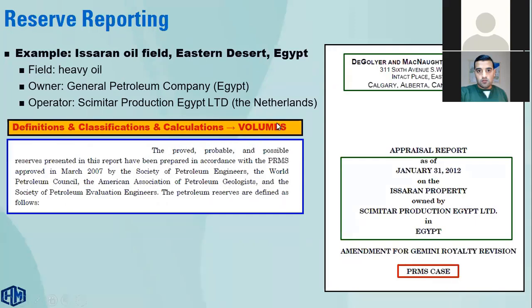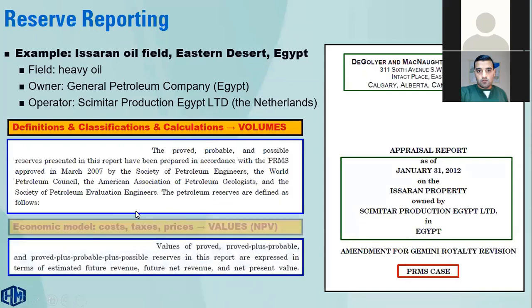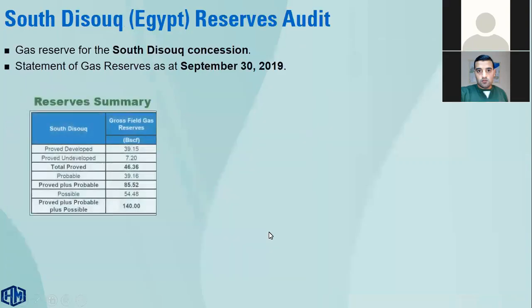So you will have a set of volumes of reserve. After that, by using a specific economic model to incorporate the cost, CAPEX and OPEX, taxes, and oil prices, you will have the values or net present value of the project at specific discount rates.